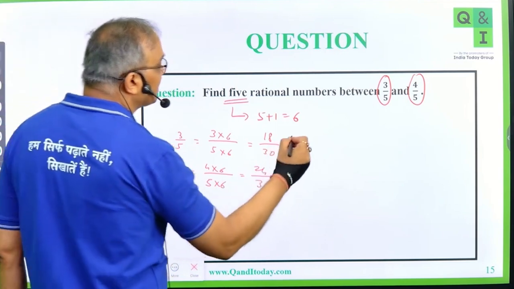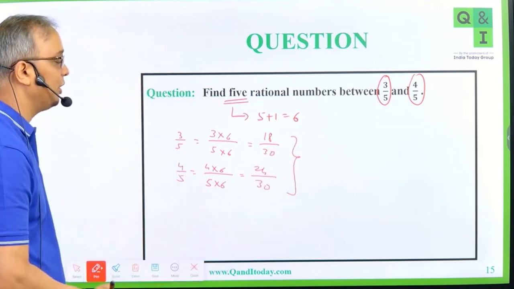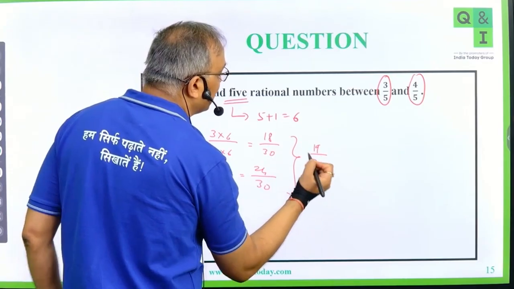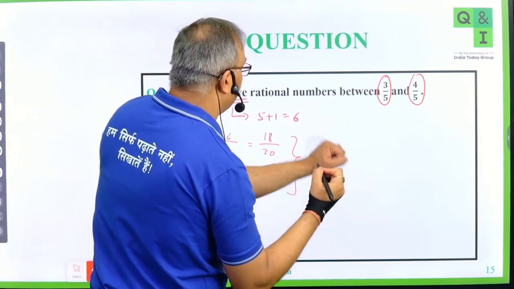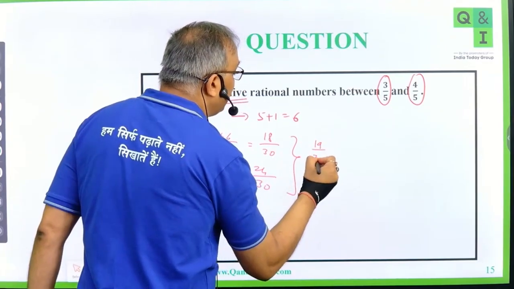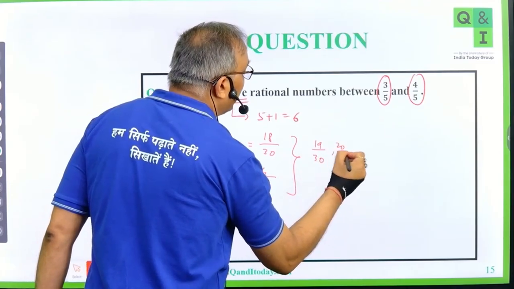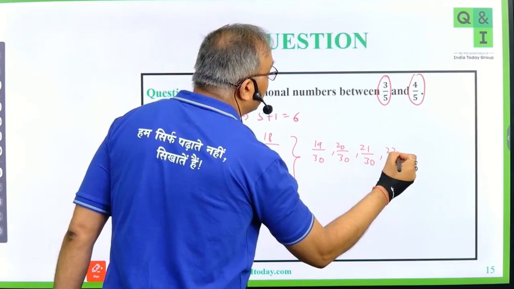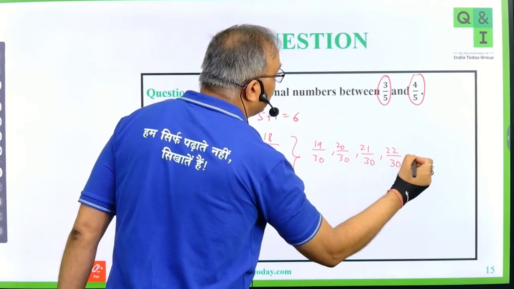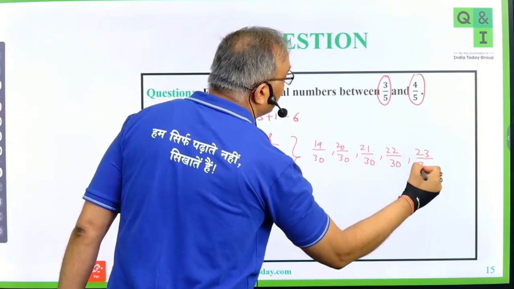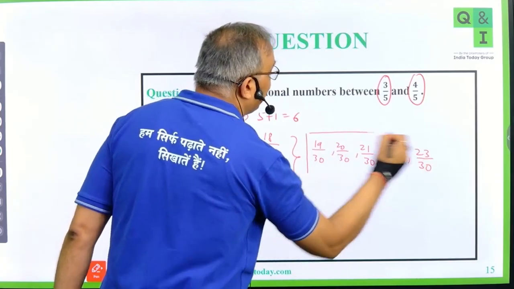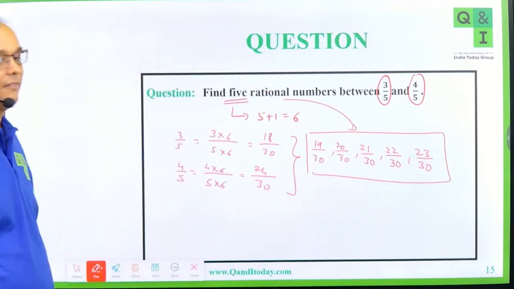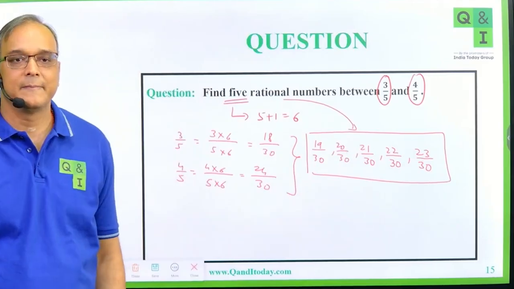So the numbers which are between 18 by 30 and 24 by 30 are 19 over 30, 20 over 30, 21 over 30, 22 over 30, and 23 over 30. These are the 5 rational numbers which are between 3 by 5 and 4 by 5.